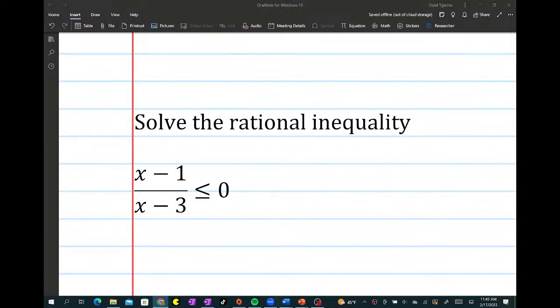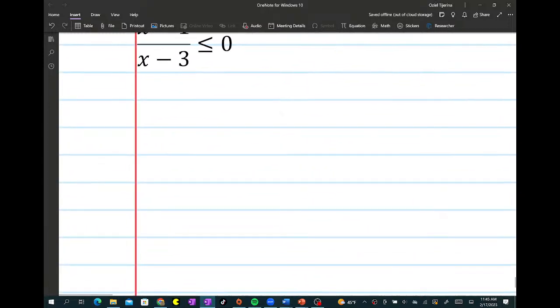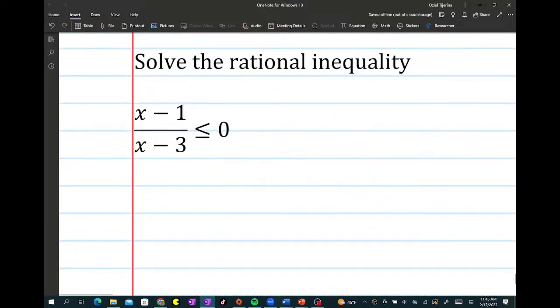So this is the inequality itself, and we're asked to solve this inequality, right? And we want to know what the solution set would be.